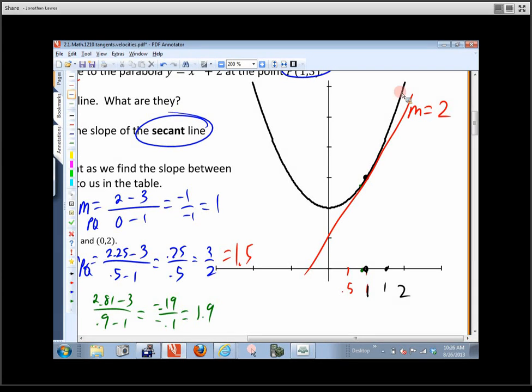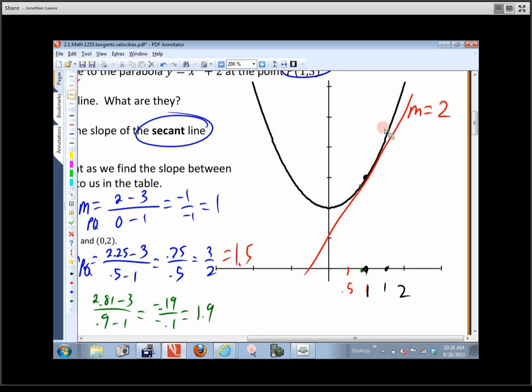And then we did the same thing over here. We said, let's use this point over here and find the slope of that one, and then do it for a point that's closer. In other words, take the two points that you're using to find the secant line and move them closer and closer together and see what would happen effectively if we could put those points right on top of each other. Does that make sense?